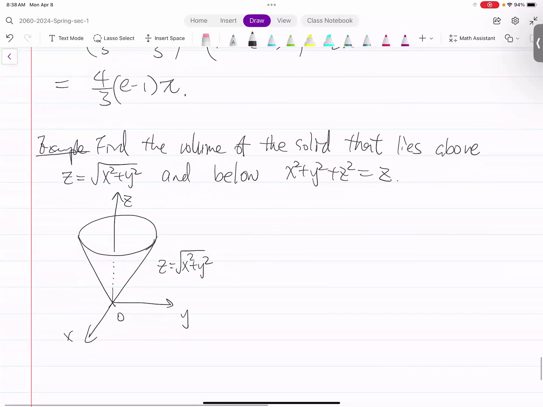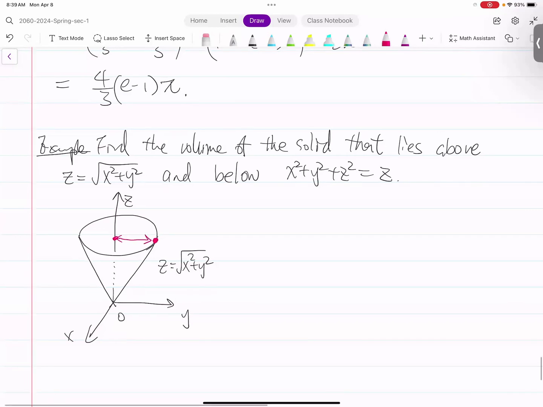So basically, this is the distance from the point on the cone to the z-axis.